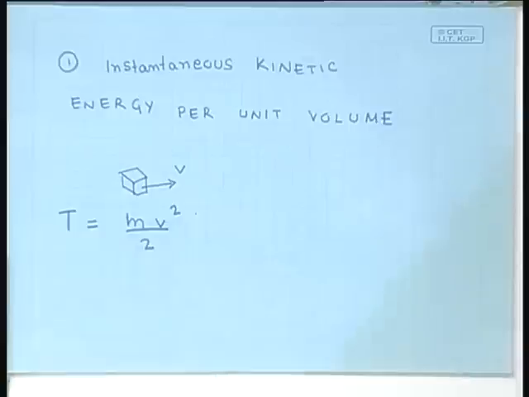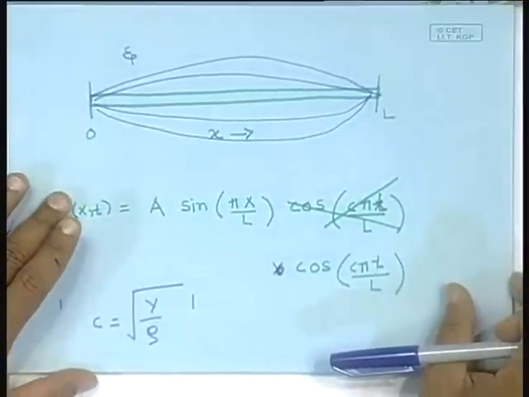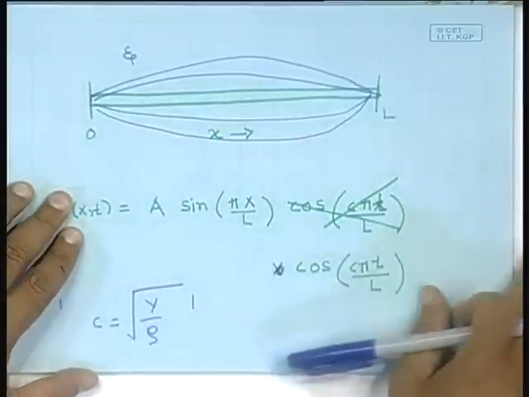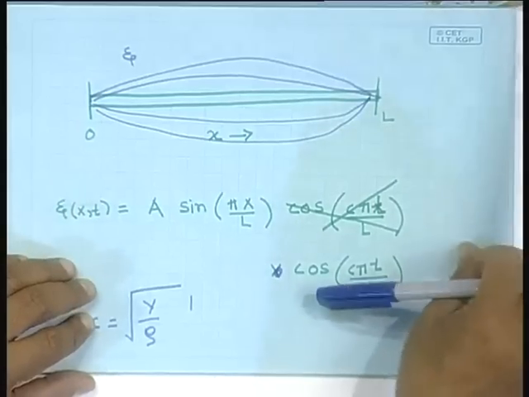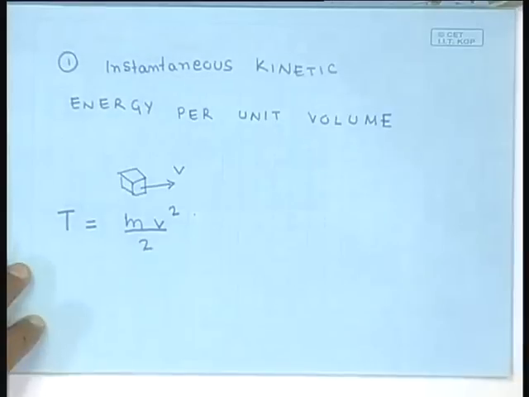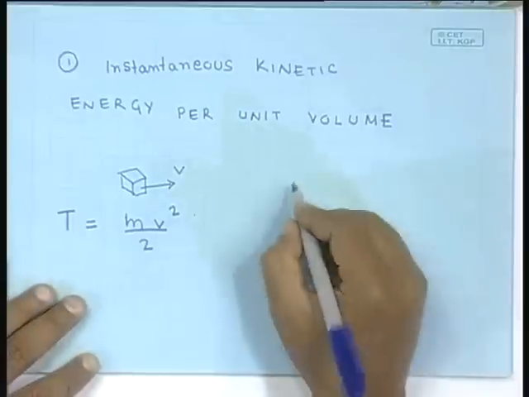Now, let us take a small volume, a small part of the steel rod. So, the mass element which we are dealing with is a part of the steel rod.